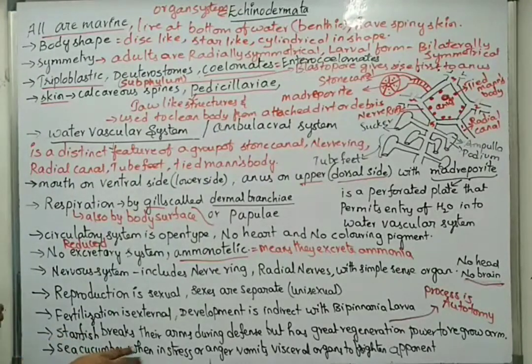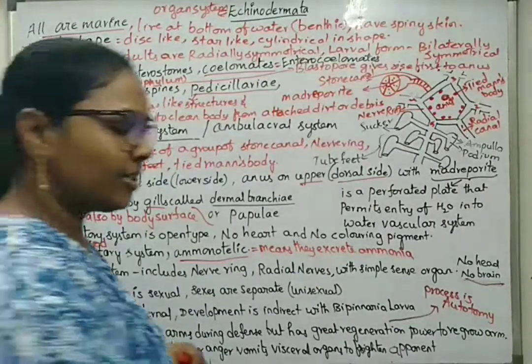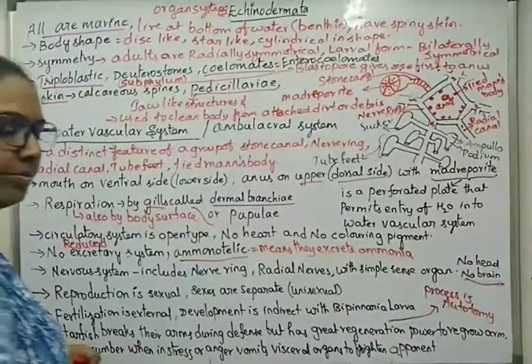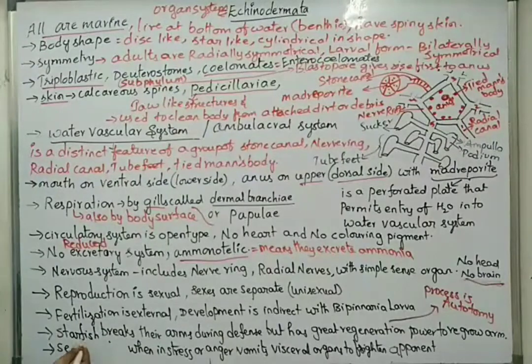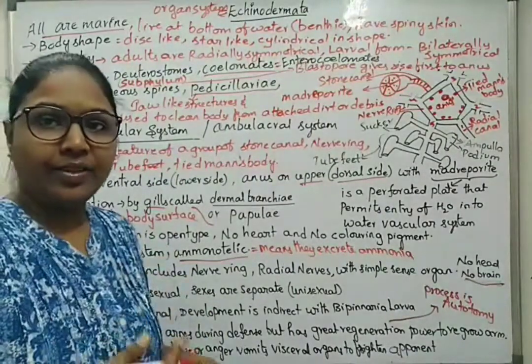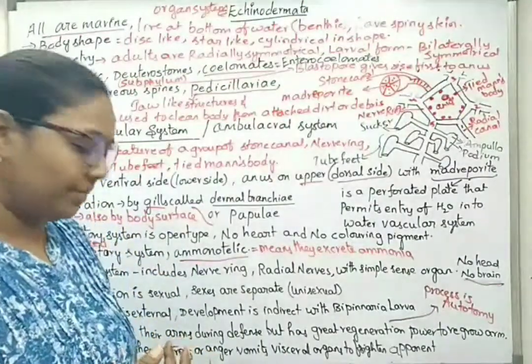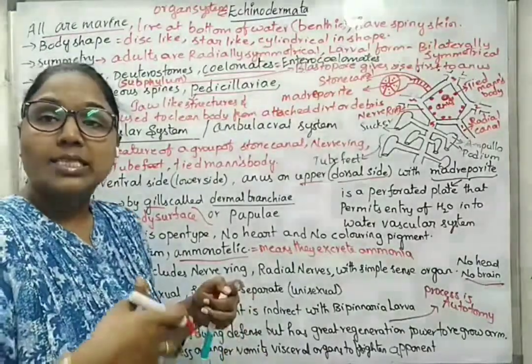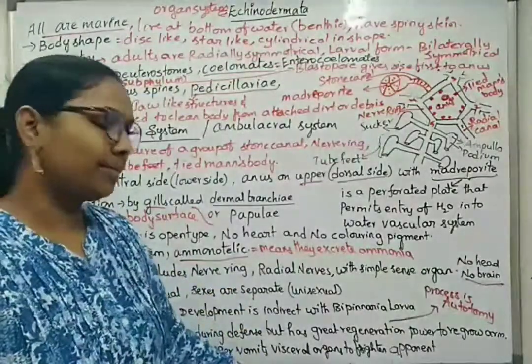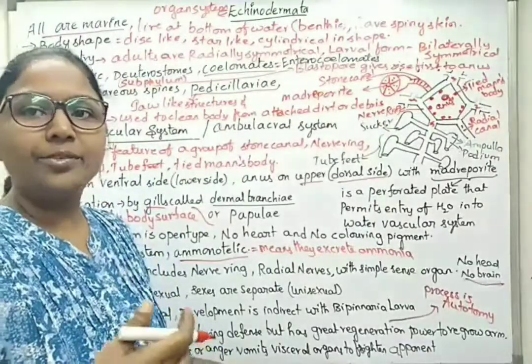Next, coming to sea cucumbers and also sea urchins. We have to write sea urchins. In the case of sea urchins, when they feel that a predator is going to eat them, or when they are angry or under stress, then they vomit some of the anterior part of their visceral organs just to make the predator frightened.